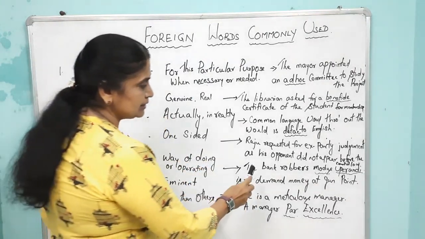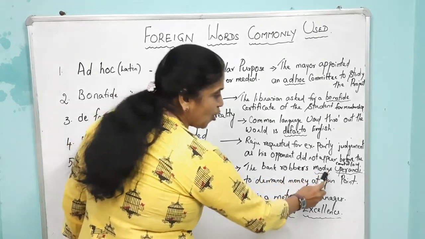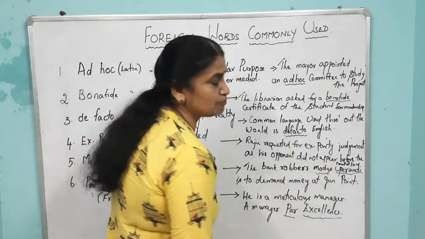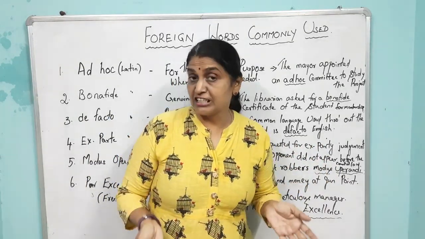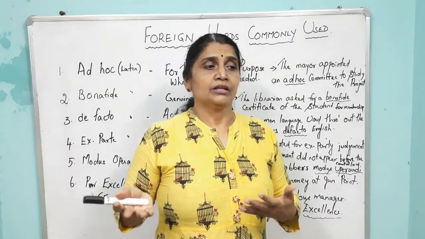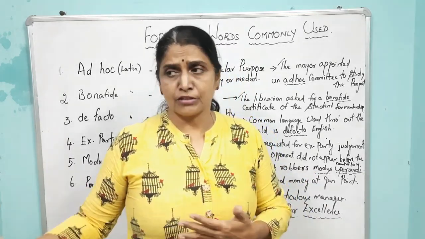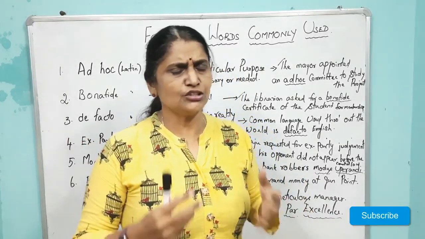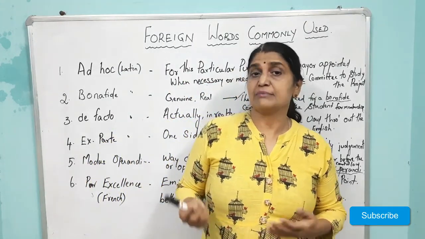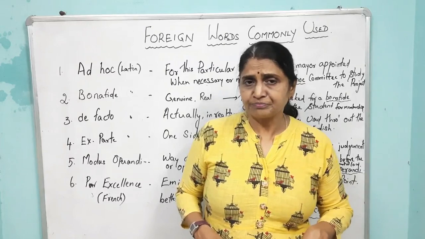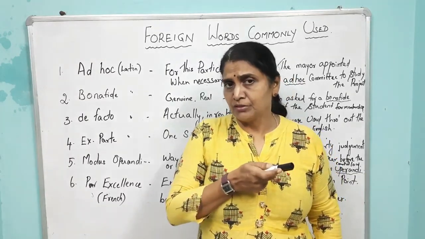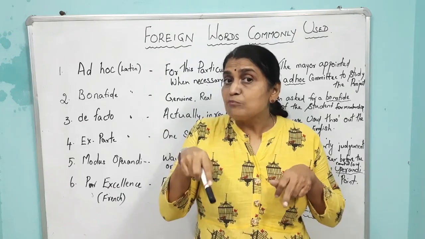Now the example is, the bank robber's modus operandi is to demand money at gunpoint. You must have seen in movies or heard in different news, dramas, newspapers. This news is very, very common. The robbers go to the bank demanding money. How do they go to the bank for demanding money? With a gun. So they demand, that is their modus operandi.